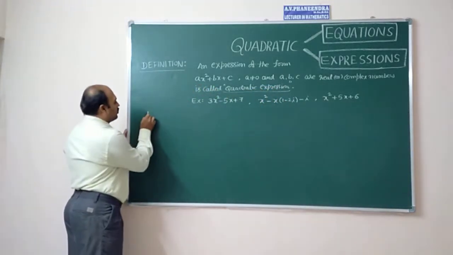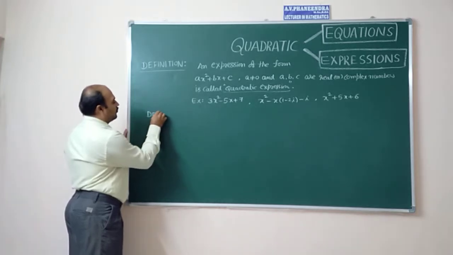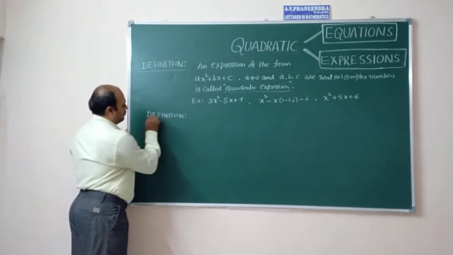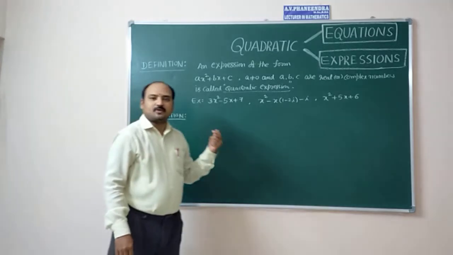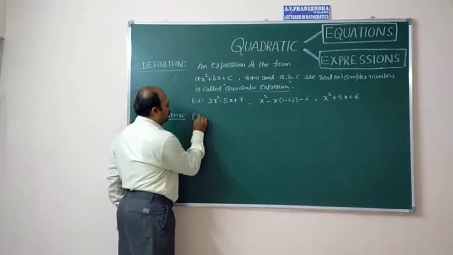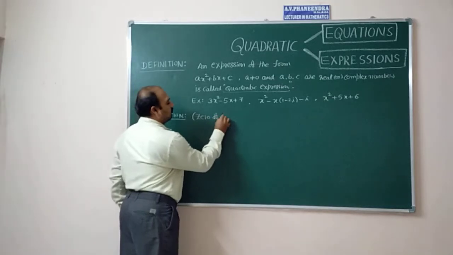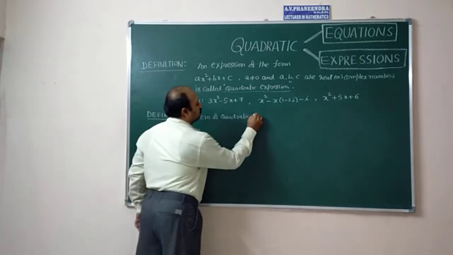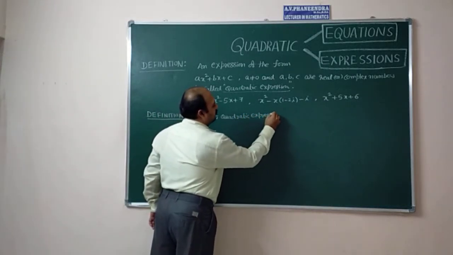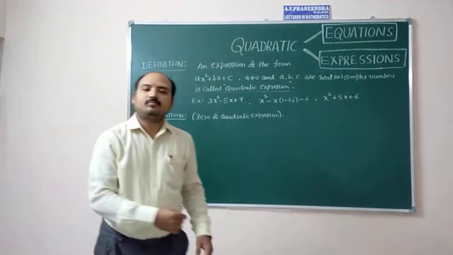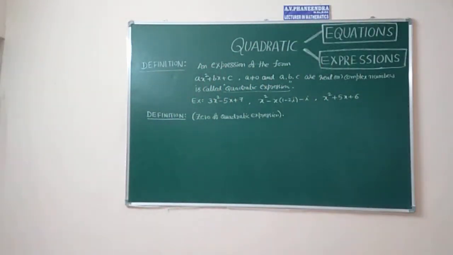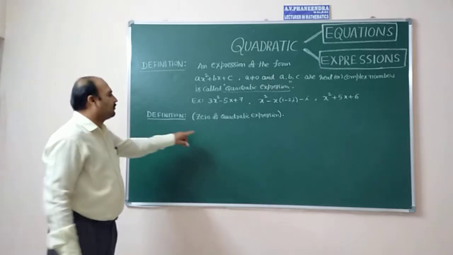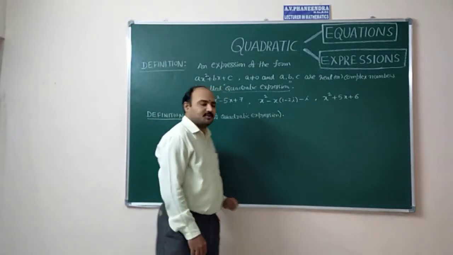After that, the definition of zero of a quadratic expression. What is the zero of a quadratic expression?